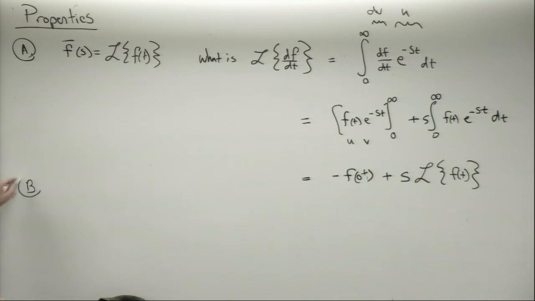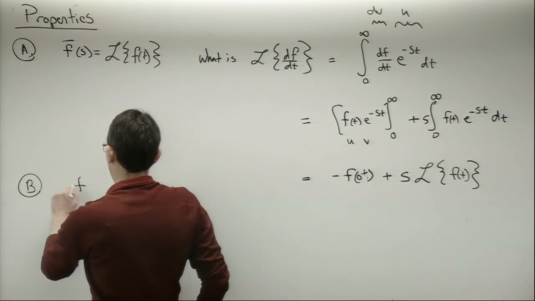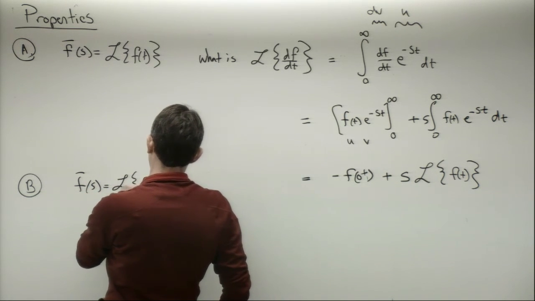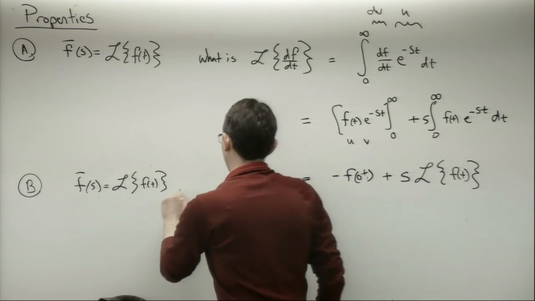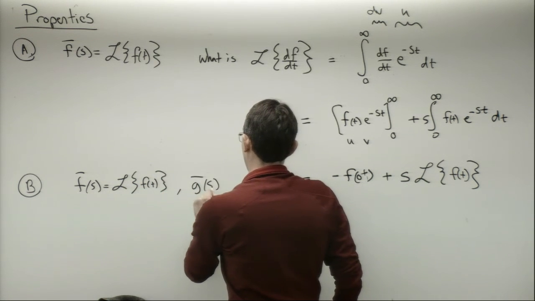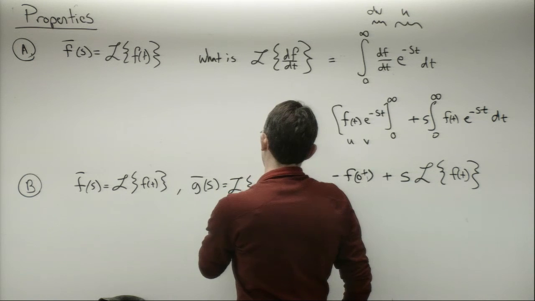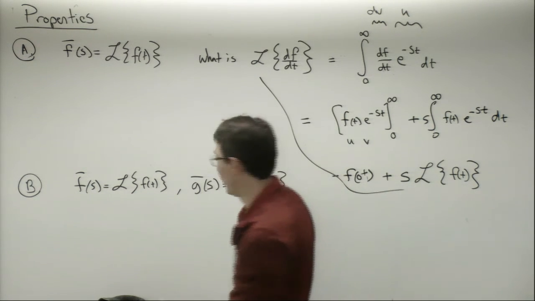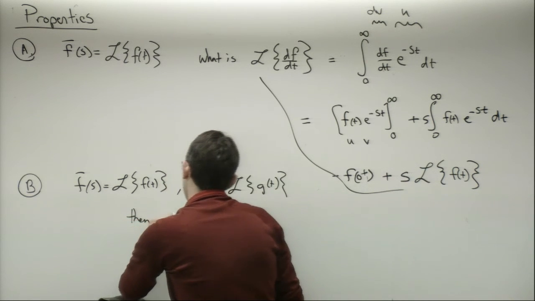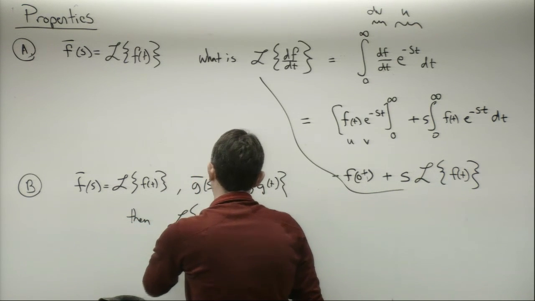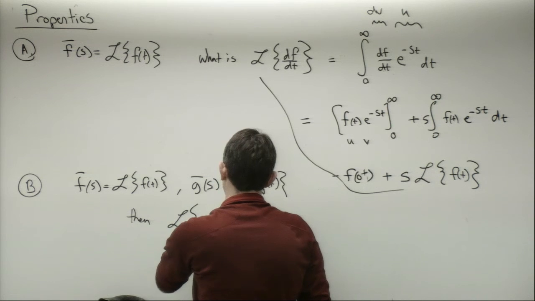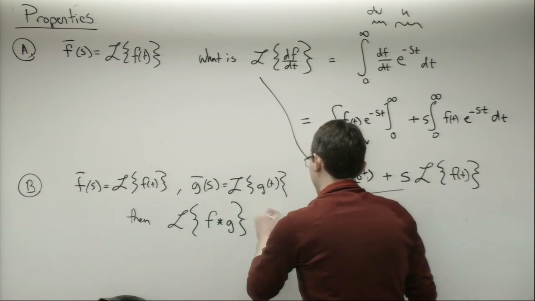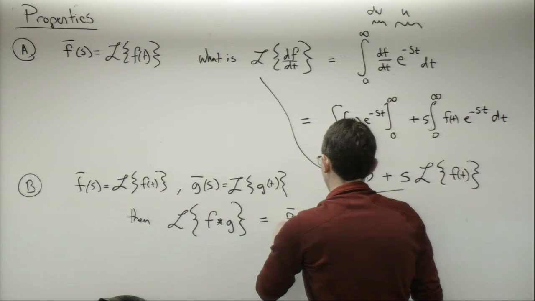You can do this for convolution. So if f bar equals the Laplace transform of f of t, and g bar equals the Laplace transform of g of t, then the Laplace transform of f convolved with g is equal to the Laplace transform of f times the Laplace transform of g.